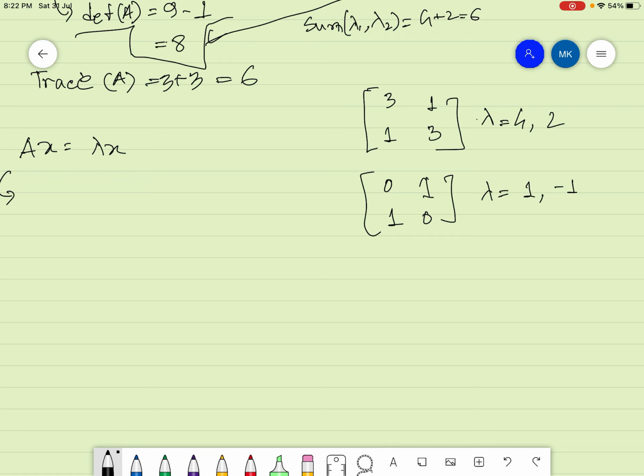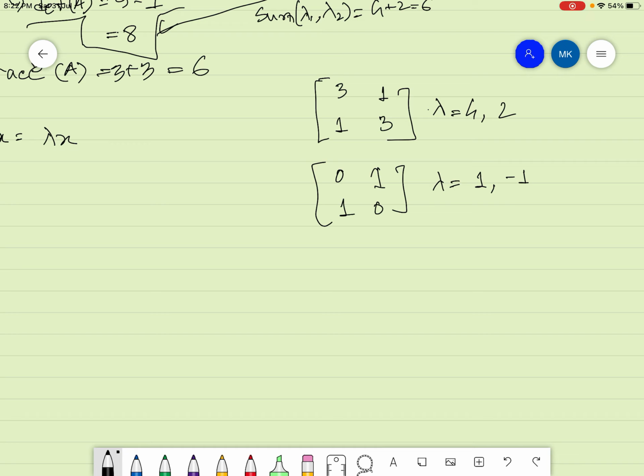So what really happened here is that if this is A1 and this is A2, then to A2 I added 3I, right? As you can see, the diagonal entries have been changed.